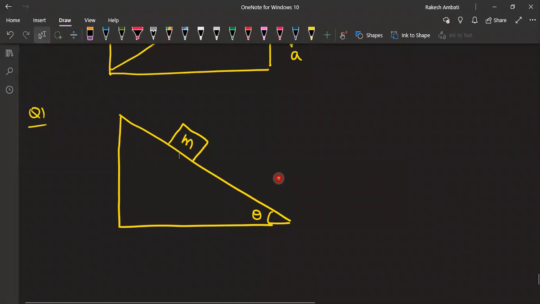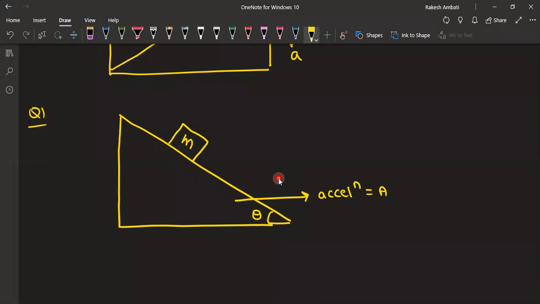In the question, it is given that this wedge is moving rightwards with acceleration capital A.